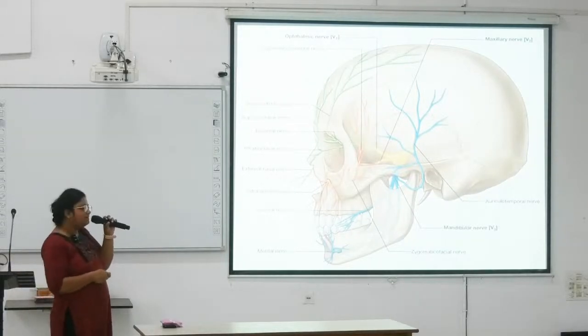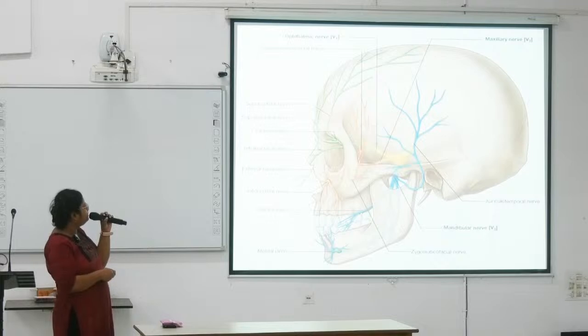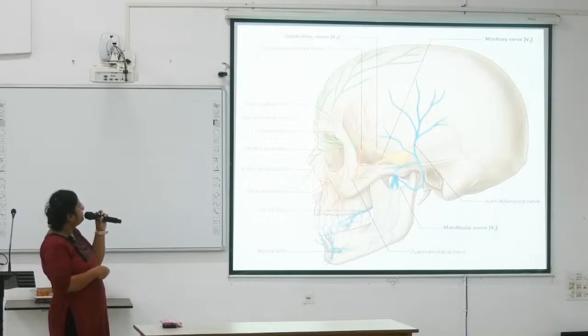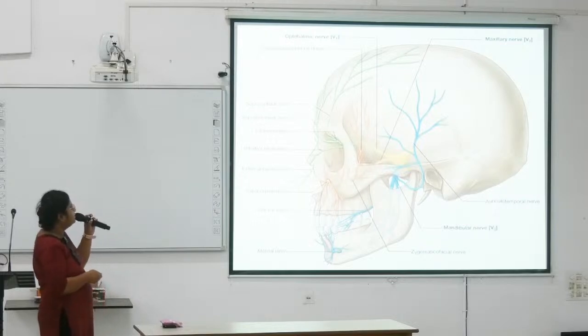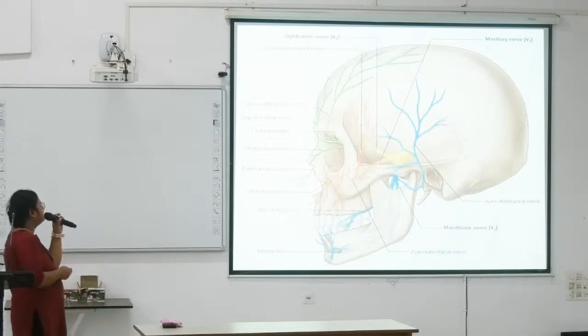See the branching pattern of the trigeminal nerve. Here the trigeminal ganglion is lying. From here, 3 branches are coming out. The upper one is ophthalmic, here is maxillary, and this is mandibular, and each is supplying the corresponding area. And these are the different branches of these 3 divisions. Here are supraorbital, supratrochlear, lacrimal, infratrochlear, external nasal.